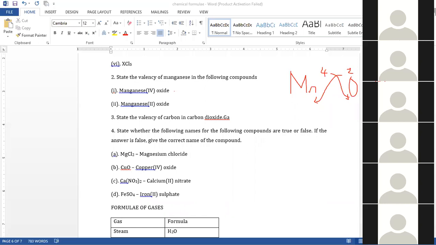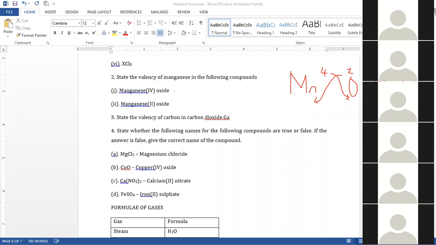2 of 4. Now, these two numbers are all valencies. That means that we have to get the simplest formula. Are you seeing that idea? In peroxides, we couldn't because the 2 was part of a peroxide. But in this case, in the oxide, the 2 here was a valency.